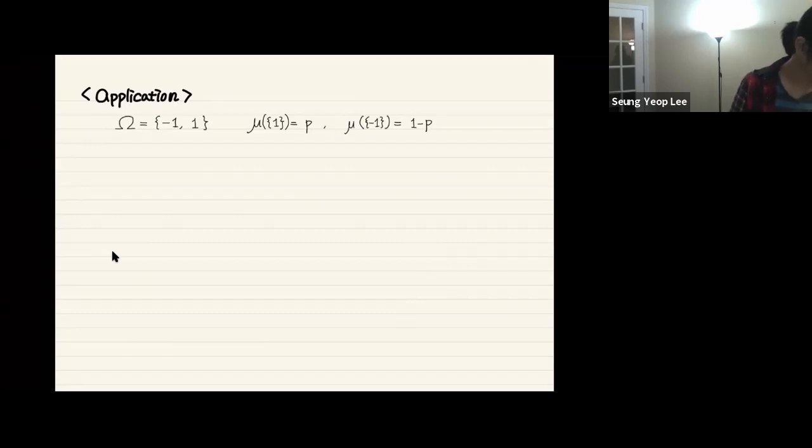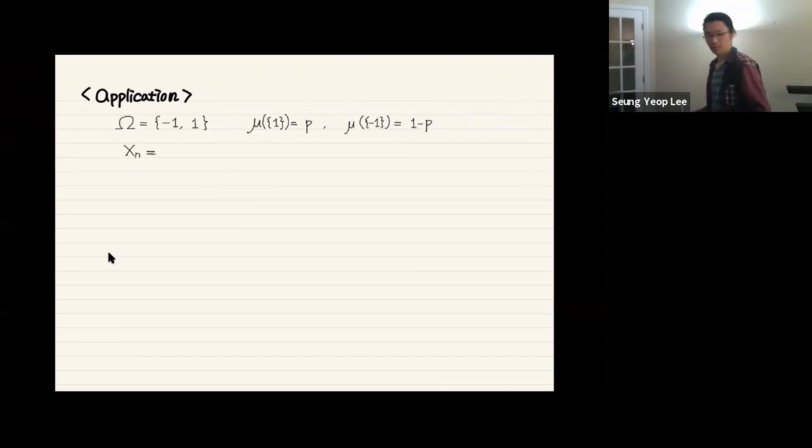So xn is a random variable, a trivial random variable defined like this.